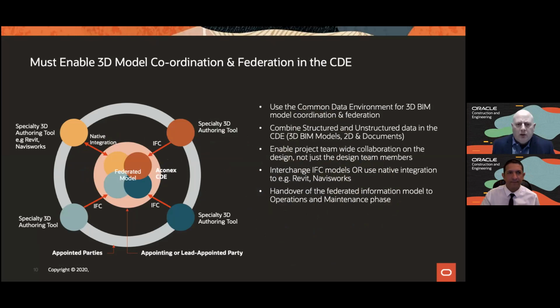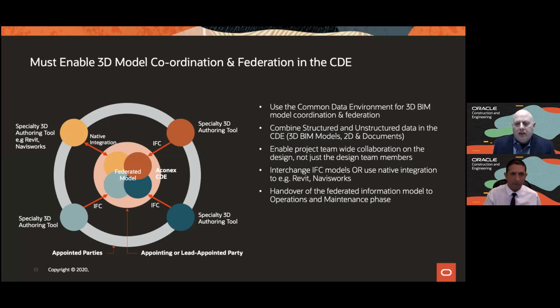Because on any big project, the normal practice is to deliver through a lot of specialty contractors or third-party design companies. But at some point in time, those discipline-specific designs need to be brought together into the federated 3D model, so everybody brings those models together to have one version of the truth.